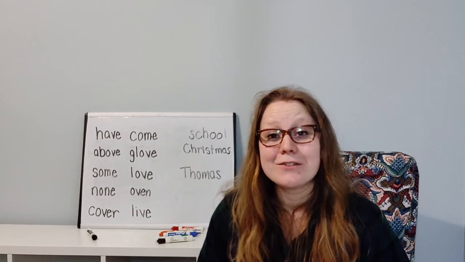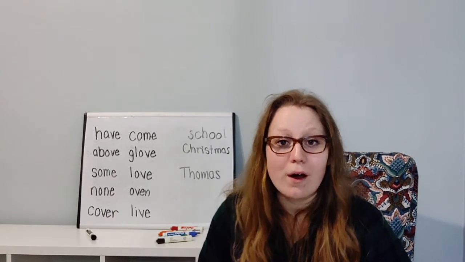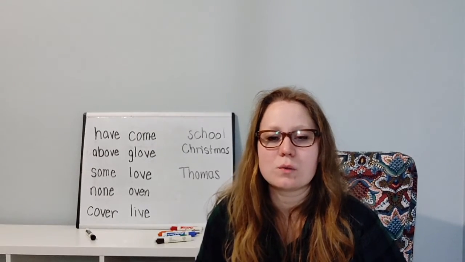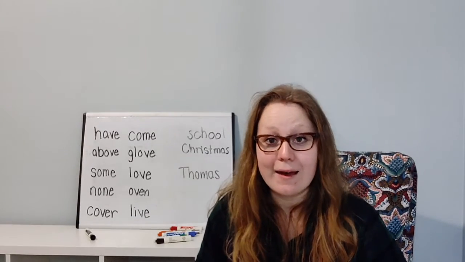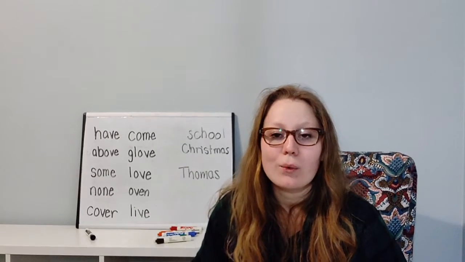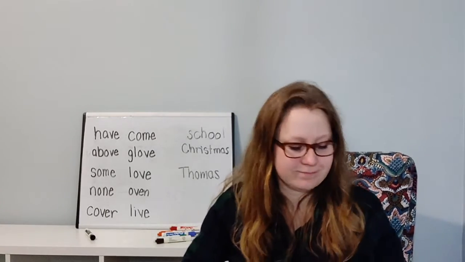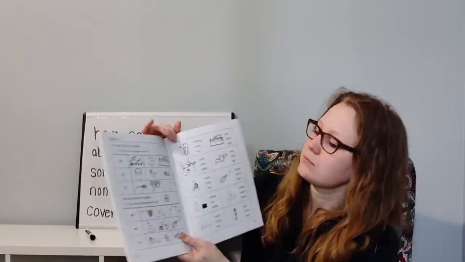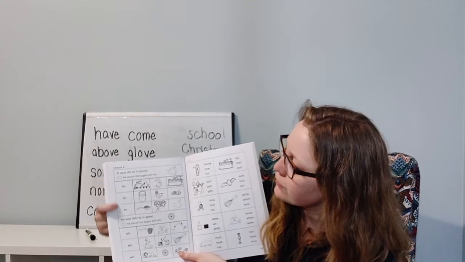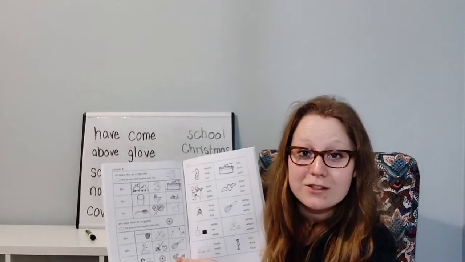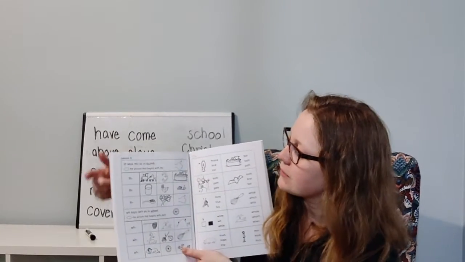Okay, the next sound is the WH sound. Now, WH says "wh," what. Some examples of WH words are when, wheel, and whale. Let's take a look at the work in our textbook. So open up to page 44. On page 44, you have the beginning sounds here. So for the first one, you're going to take a look at the pictures. Only circle the picture that has the beginning sound of "th" on the top.